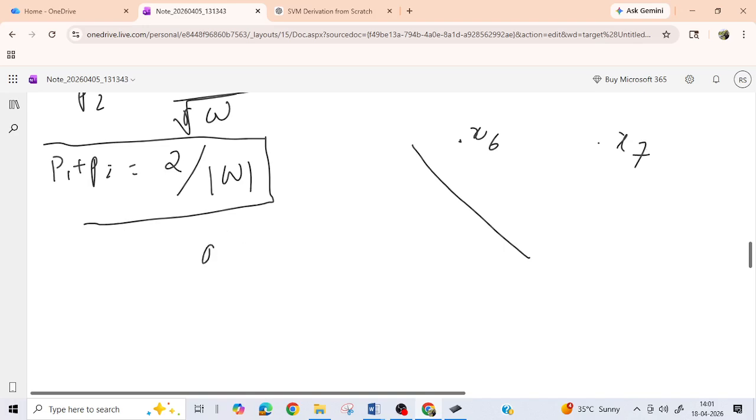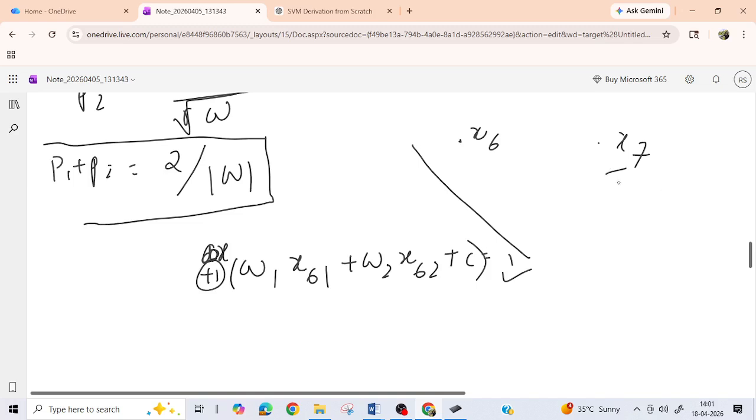So we know w1 x61 plus w2 x62 plus c equal to 1. This is something which we know. Now if we multiply it with the label of x6, which is again +1, then +1 into +1 is also +1. Now consider the case of x7 over here, okay? The label of x7 is +1, so we write +1.